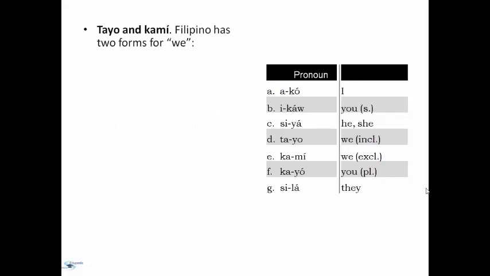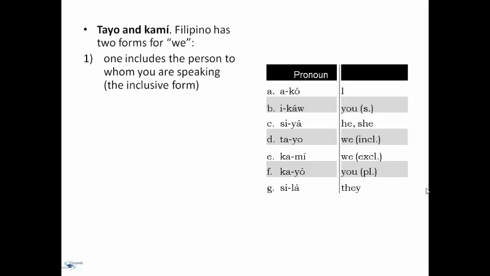Tayo and kami. Filipino has two forms for we. First, the inclusive form, which includes the person to whom you are speaking. Second, the exclusive form, which does not. For example, when you say tayo, you include the person you're talking to. When you say kami, you exclude the person you are talking to.